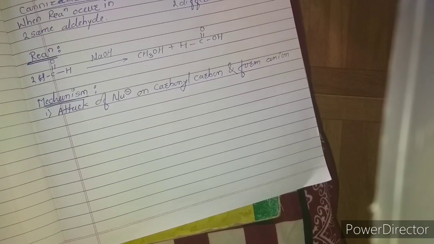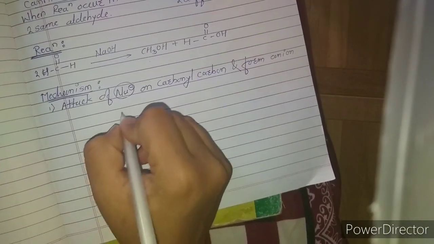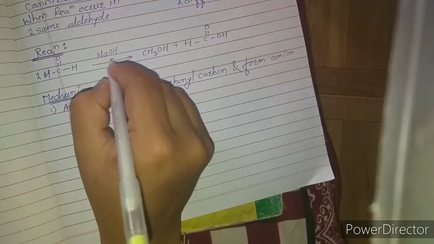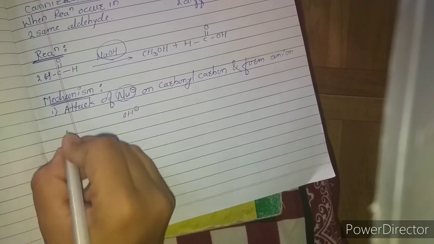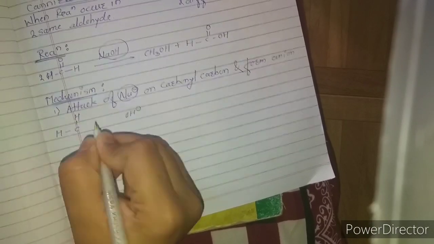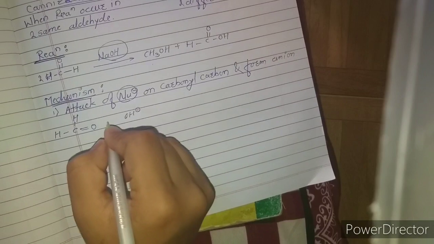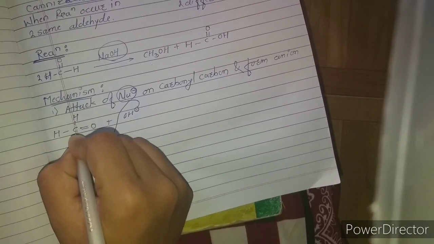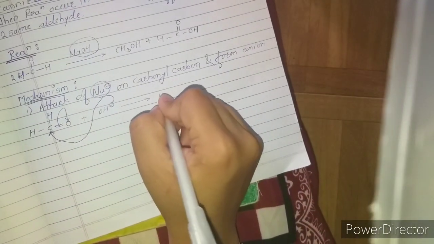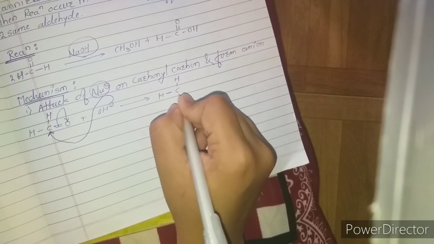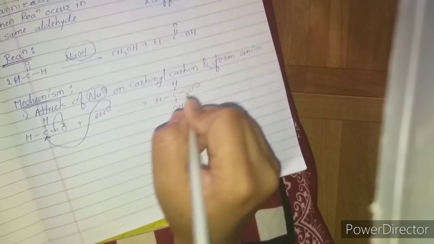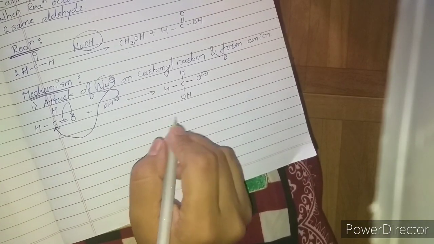So in this case, the nucleophile is OH minus. It is from base. So this is your aldehyde molecule, and this is your nucleophile. It attacks on carbonyl carbon and forms intermediate. This is your anion.